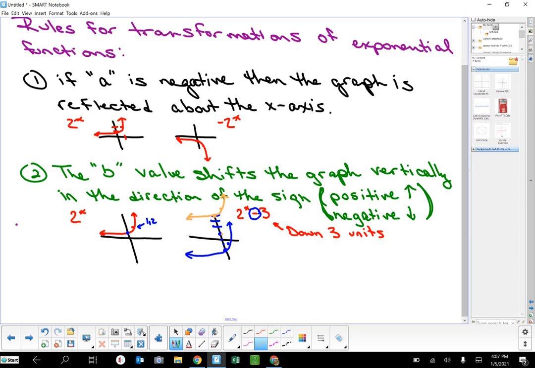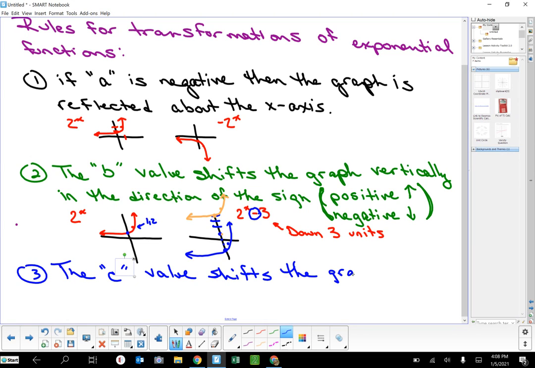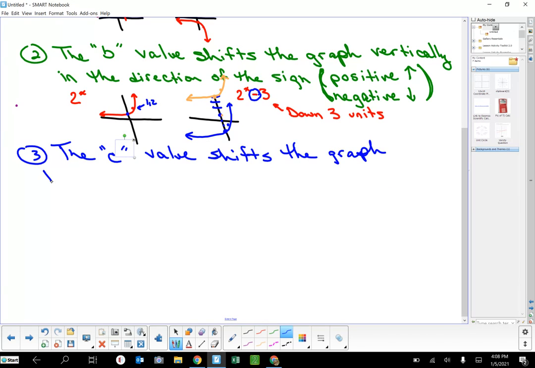All right. The next point, number 3, the c value, shifts the graph horizontally opposite the direction of the sign.